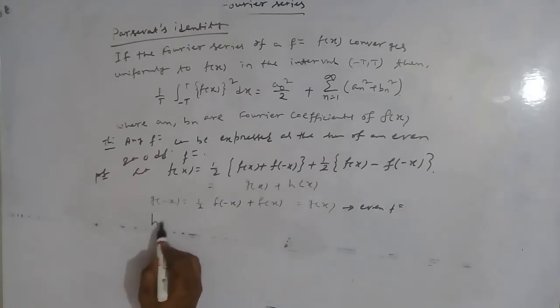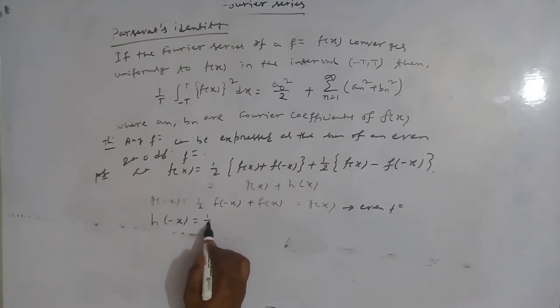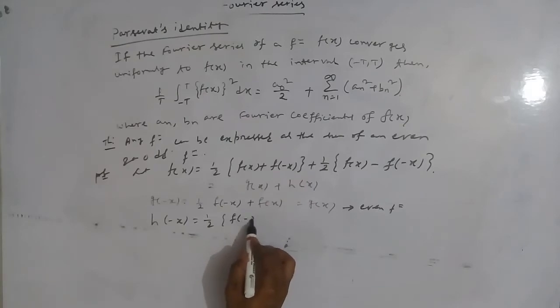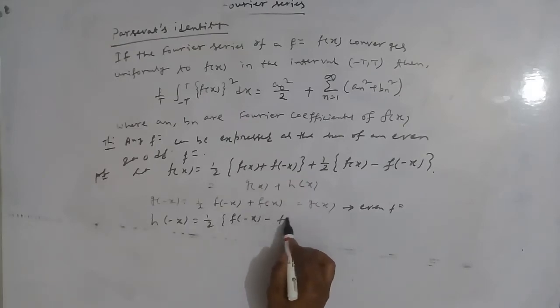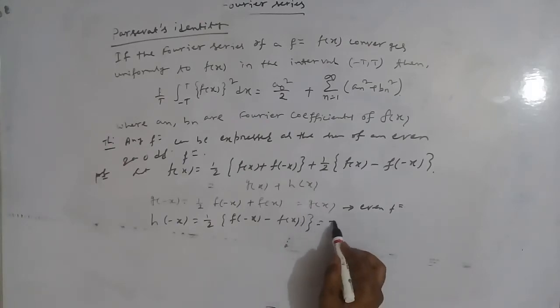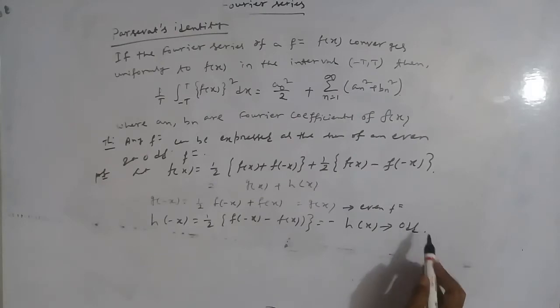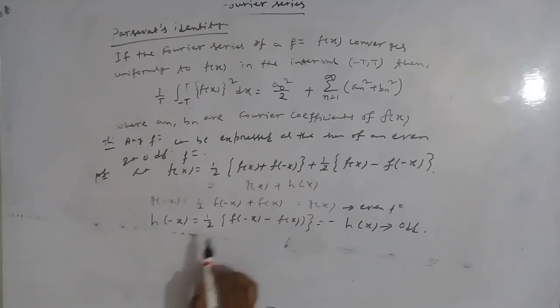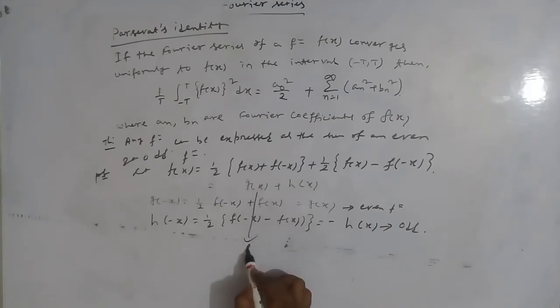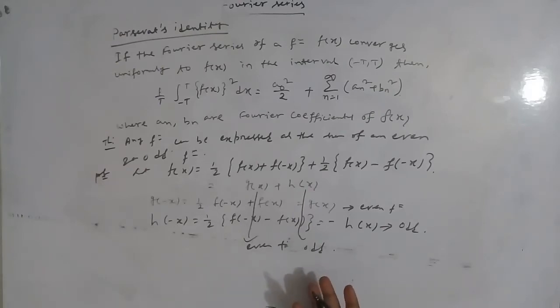Now h of minus x is half into f of minus x minus f of x, which is equal to minus of h of x. So h of x is an odd function. Hence g of x is even and h of x is odd. So this function has been expressed as the sum of an even function and an odd function. Okay.